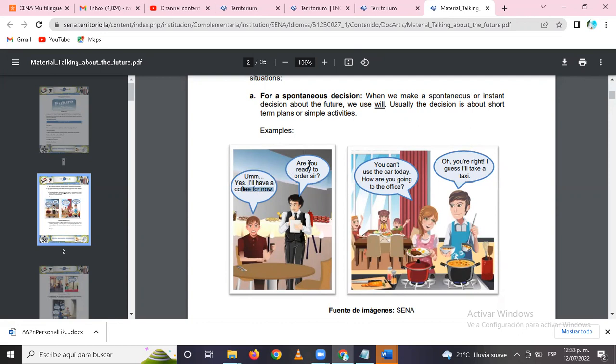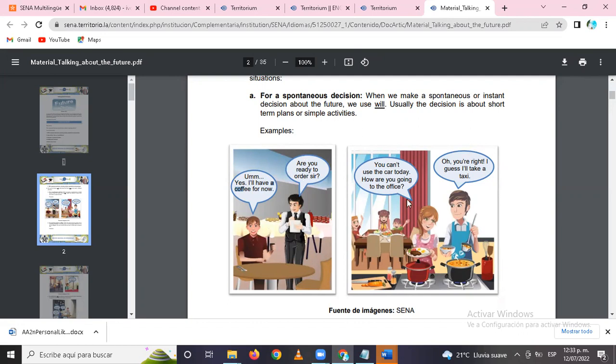Él no está listo para ordenar, pero este chico llegó y le preguntó, lleva mucho rato ahí. Entonces él dice, ok, me tomaré un café por ahora.